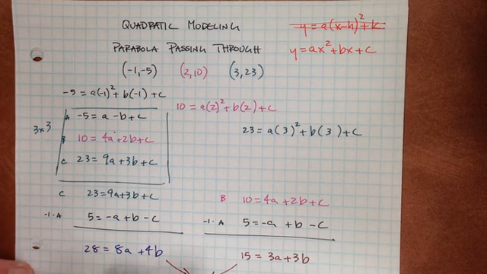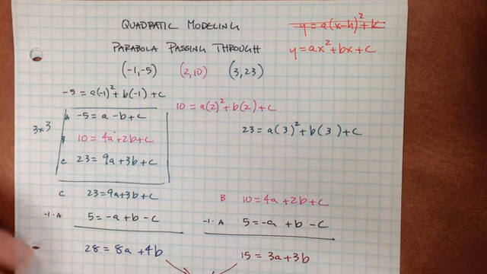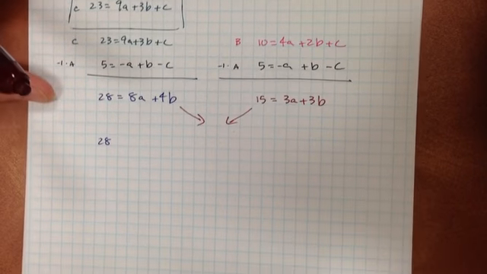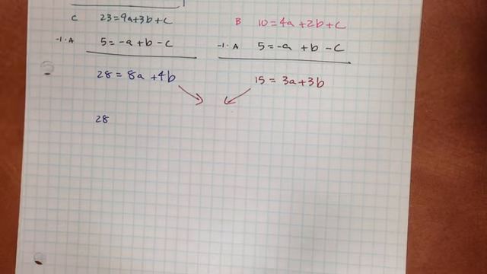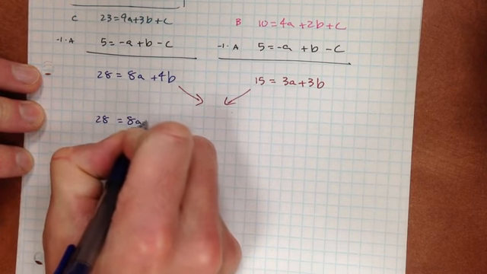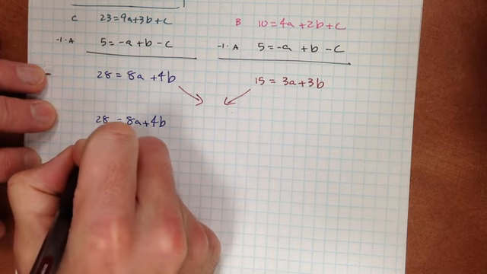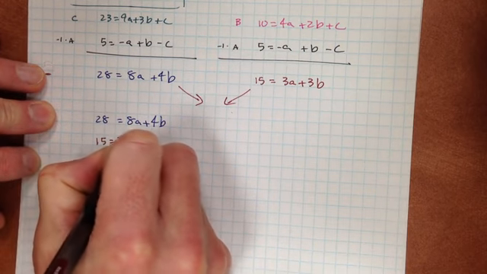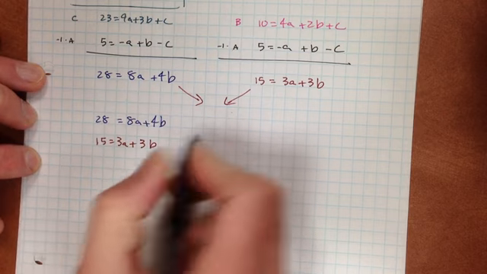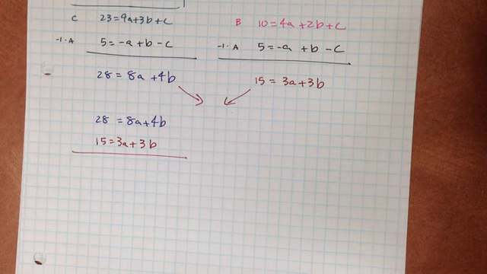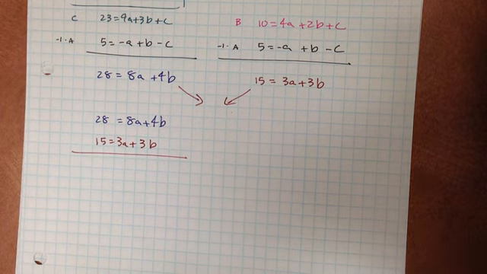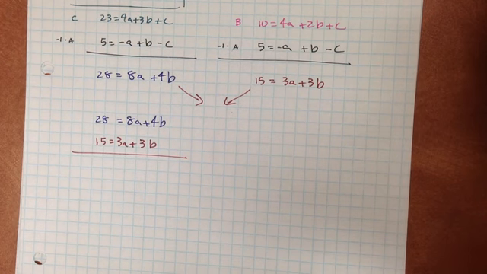28 equals 8a plus 4b, stacked up with 15 equals 3a plus 3b. We need to eliminate one of these variables here. There are multiple approaches that we could take; it doesn't really matter.